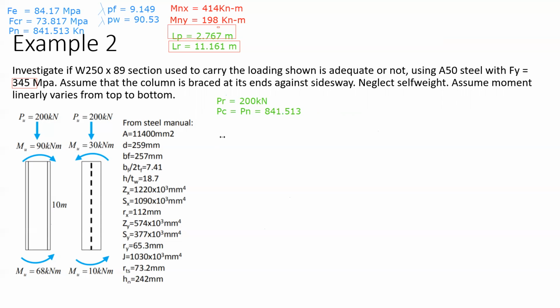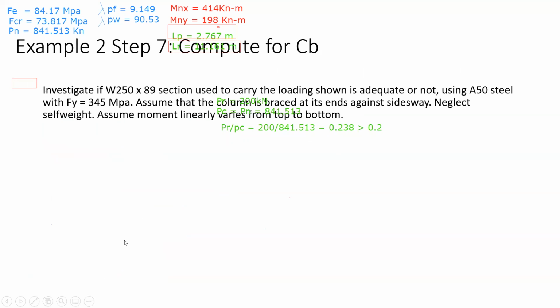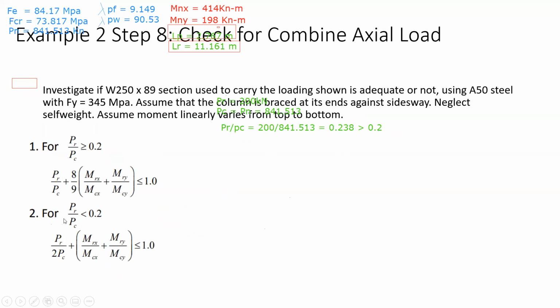So it is 0.238, which means it is greater than 0.2. The formula we use is this one because it is bigger.